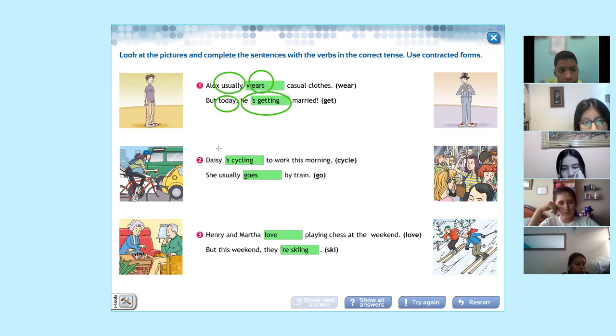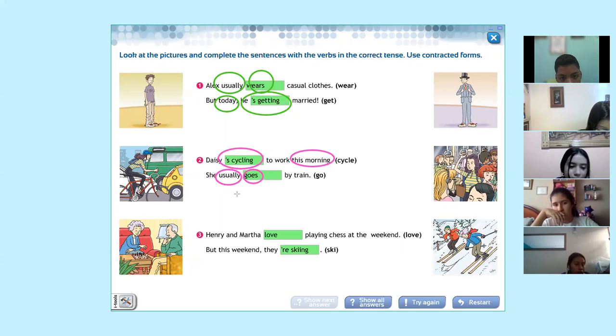Daisy, I need to work this morning. Very good. Continue. He usually goes by train. Repeat. She usually goes. He usually goes by train. In this case, Daisy is cycling this morning.